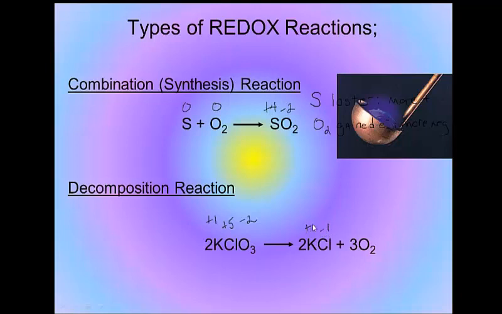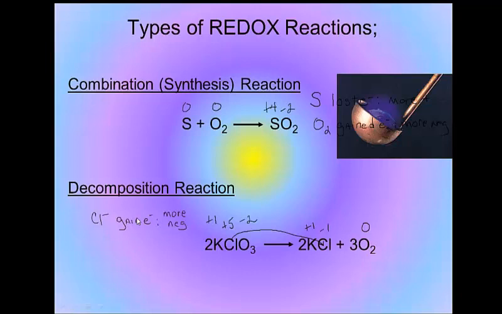-1, +1 and 0. So what I want you to note here is the fact that the chlorine in the reactant is gaining electrons because it became more negative. From +5 to a -1, it became more negative, so it gained.